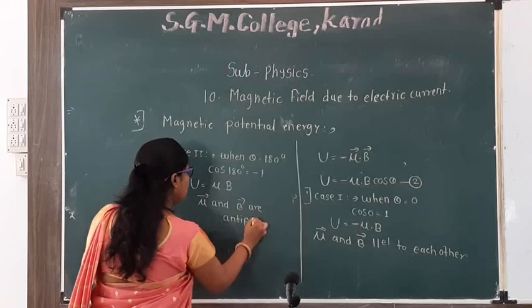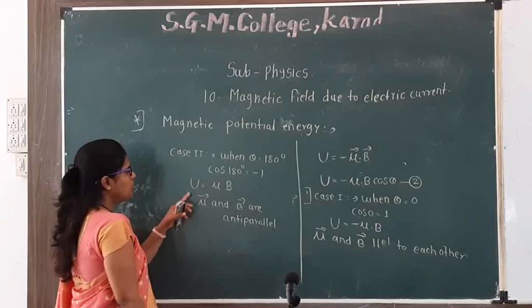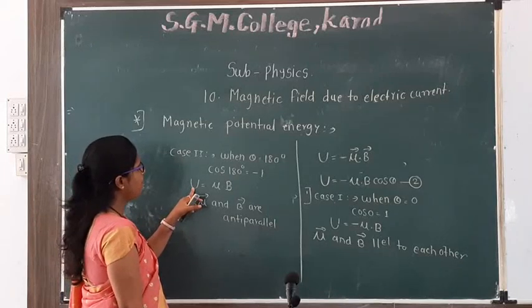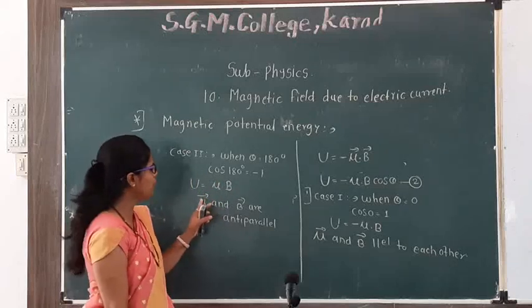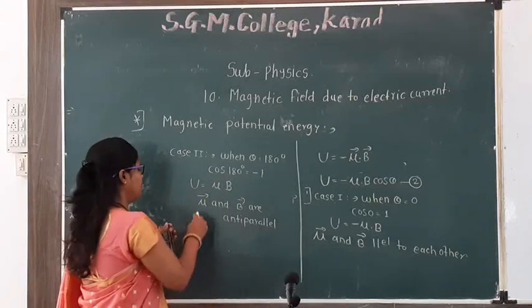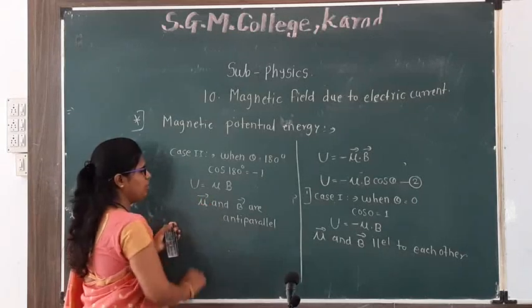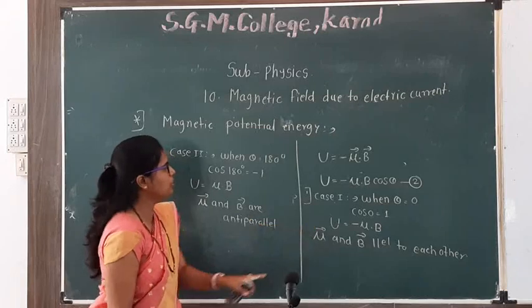So it produces maximum magnetic potential energy. Here it produces the maximum magnetic potential energy, and in the first case it produces minimum magnetic potential energy.